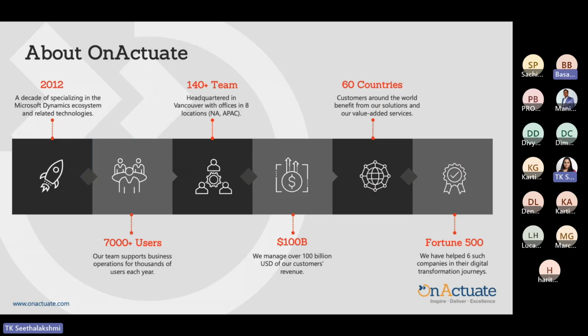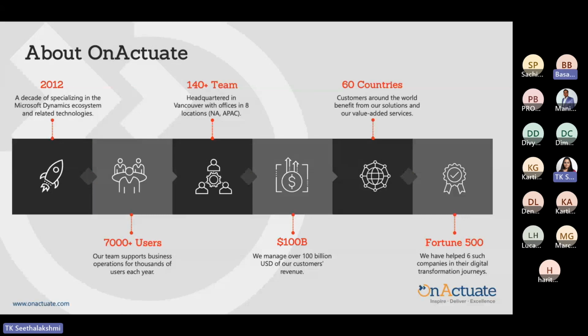OnActuate is a 10 years old company, helping customers across the globe in almost 60 countries, spread across Canada, North America, Asia, including Singapore and India. We specialize in process-centric and people-oriented project delivery. I've been with this organization for the last 5 years, heading the sales for the Asia Pac region.